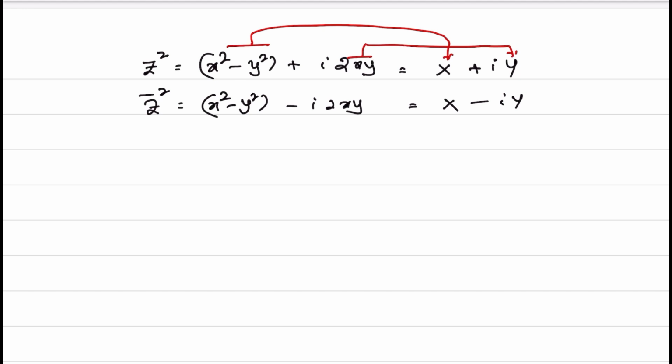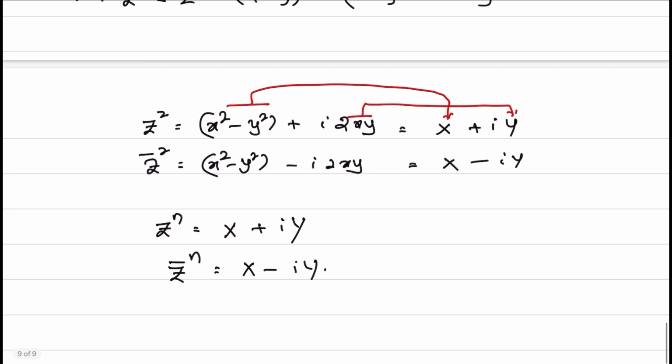We have already seen that z to the power of n is in the form of a complex number, and hence z bar to the power of n is equal to x minus iy.